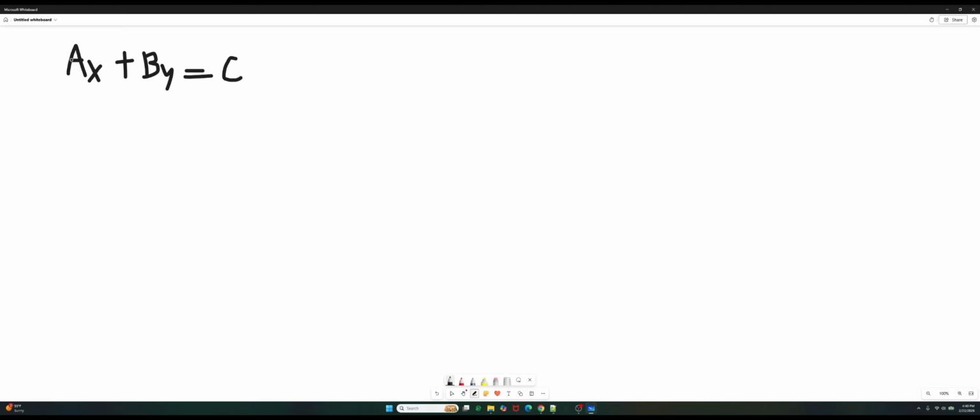So just memorize ax plus by equals c. And now I'm going to be showing you a really fast and easy way to figure out how many solutions are in a system of equation question.